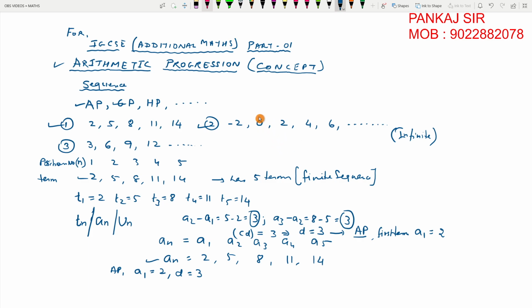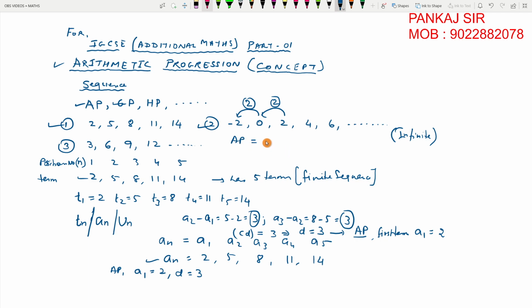So for that I'll do A2 minus A1, that is 0 minus minus 2. So I'll get 2. Let me do 2 minus 0. This is also 2. So I am getting this constant value 2, so I can say this is an AP.